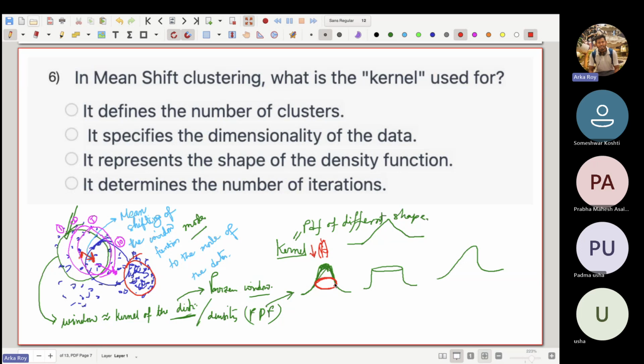In the case of mean shift clustering, you initialize your window, you get a center of the window. So let's say in case of a Gaussian distribution, the center of the window is the mean of the data distribution that you can find from the Parzen window technique.